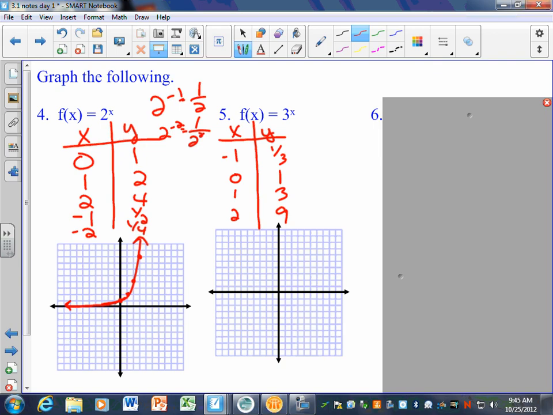When you plug in negatives, you get fractions. When you plug in positive numbers, they just keep getting bigger and bigger. Bigger than the 2s a lot faster because it's a power of 3 now. But you should also notice again, we're not getting 0, we're not getting negative numbers out of this.